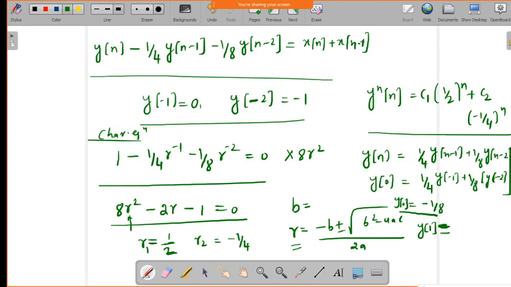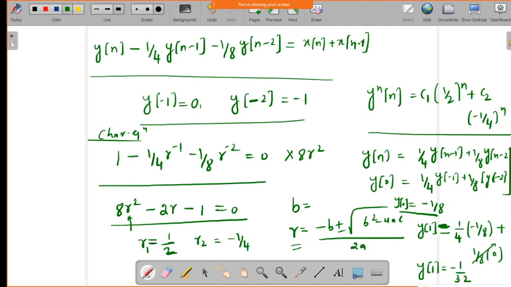So here you will get 1 by 4 times y of 0, and we have found y of 0 as minus 1 by 8, plus 1 by 8 into y of 1 minus 2, which is y of minus 1, which is 0. So 1 by 8 into 0 will go to 0, and y of 1 you will get as minus 1 by 32.